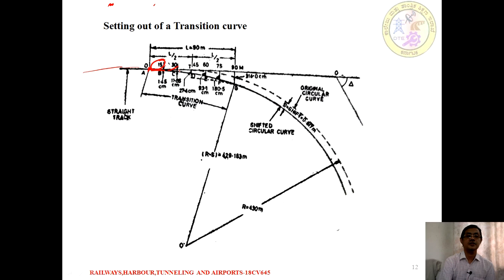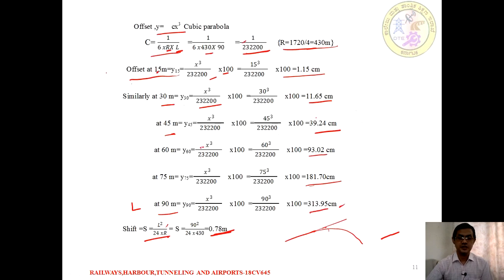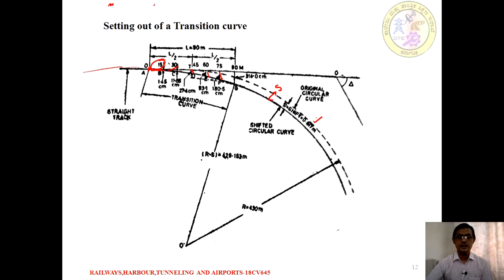Similarly for 30 meter, 45 meter, 60 meter and 75 meter. Overall we are providing a shift of S. This shift, based on the calculation, is 0.78 meters. This 0.78 meters we provide as a shift to start our curve. So our length of transition curve is going to be 90 meters.